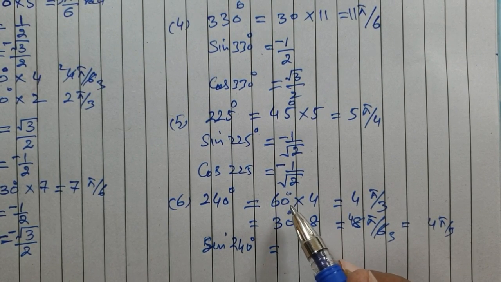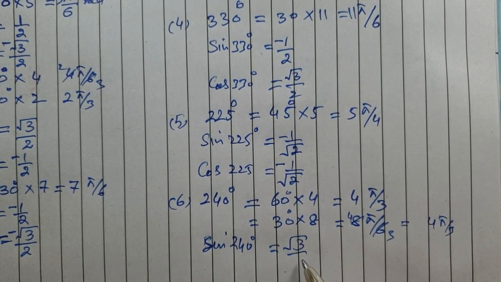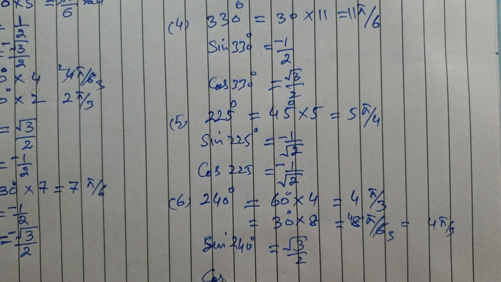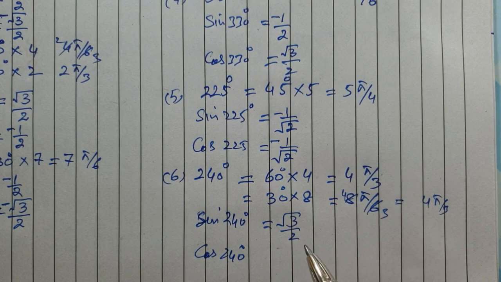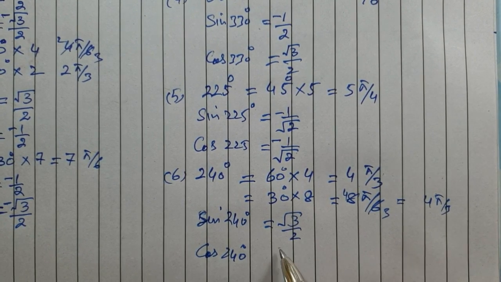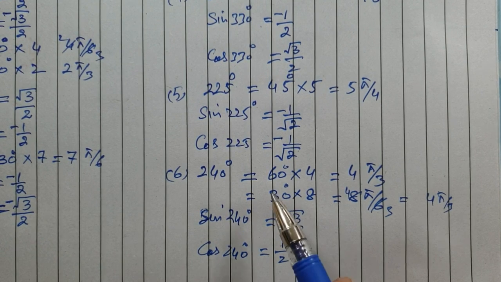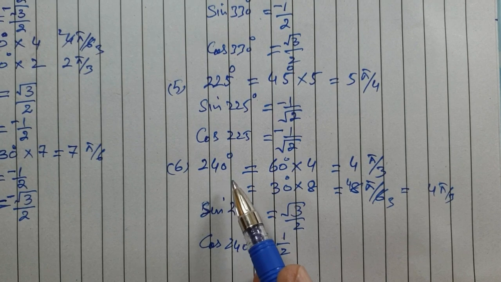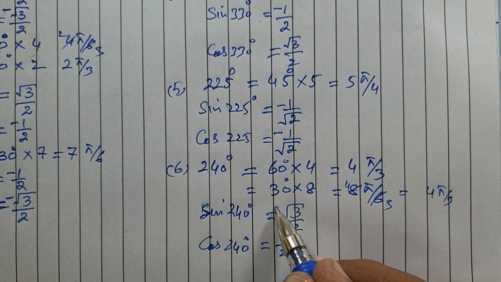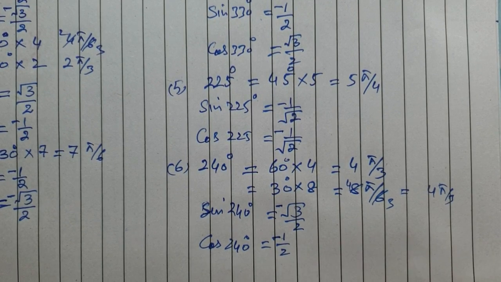What is the value of 60 degree for sine? It is under root 3 by 2. And cos 240 degree is 1 by 2. 240 lies in the third quadrant. Therefore sine will be negative and cos value will also be negative.